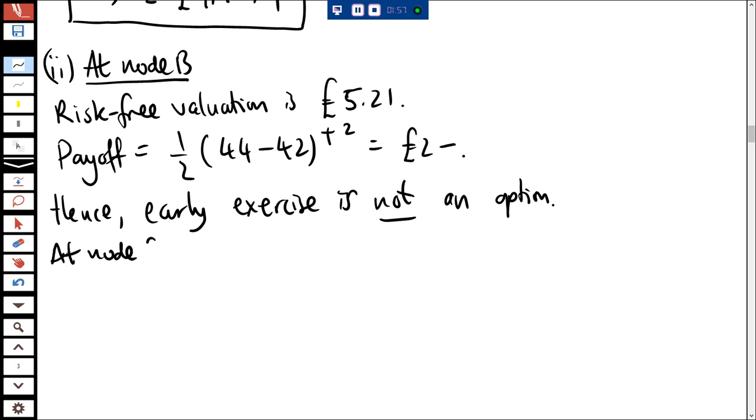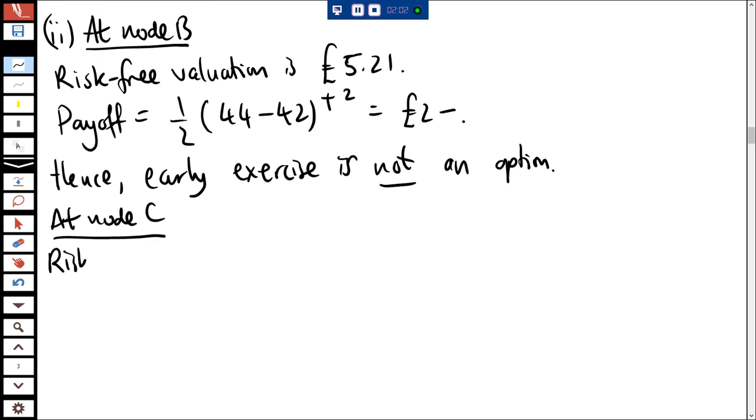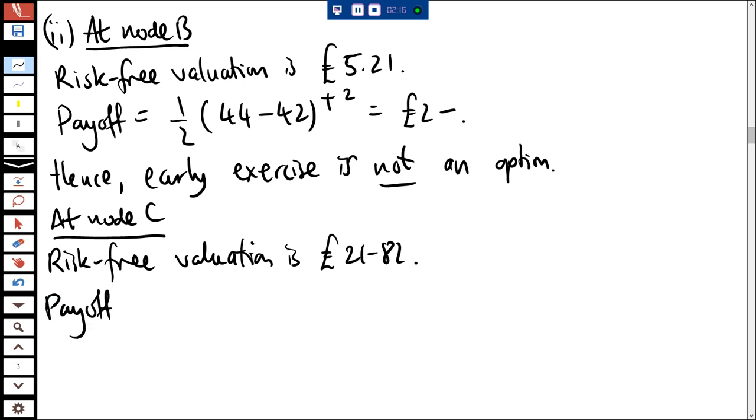And we continue for node C and for node A. We have the risk-free valuation that we calculated earlier, which was £21.81, and the payoff, using the payoff equation, is equal to 6 squared divided by 2 is 18.